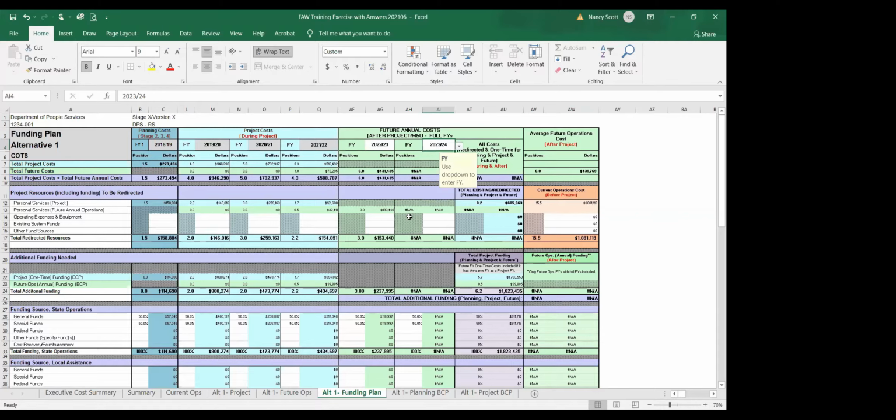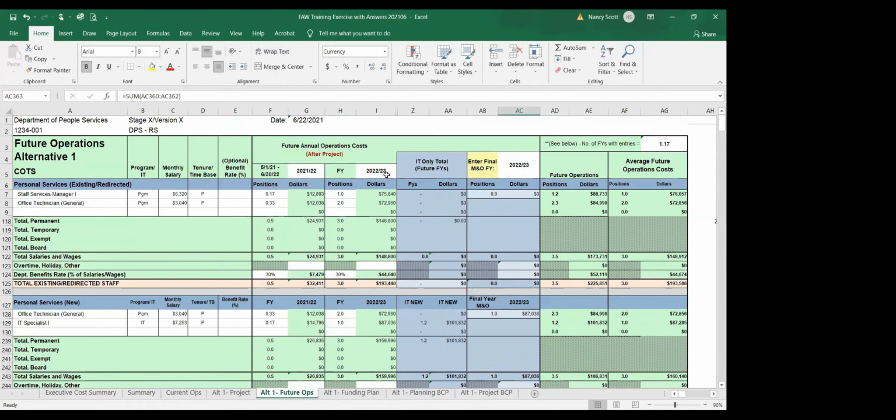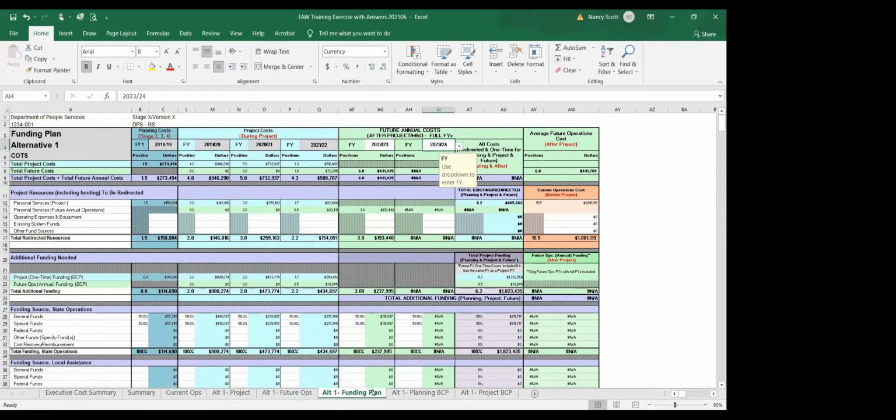That year, we have no information. So if I went back over here, I don't have anything beyond 22-23. So I know I need to delete that. There shouldn't be anything there. But there should be something in that final M&O year, which is that 22-23.